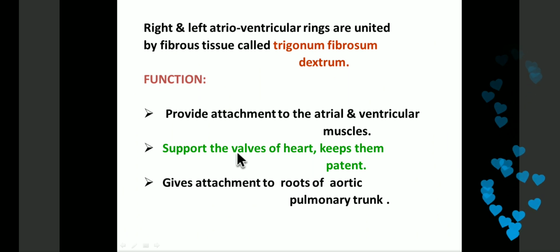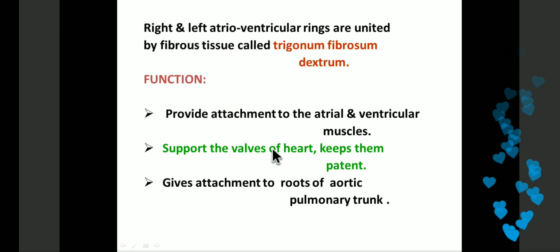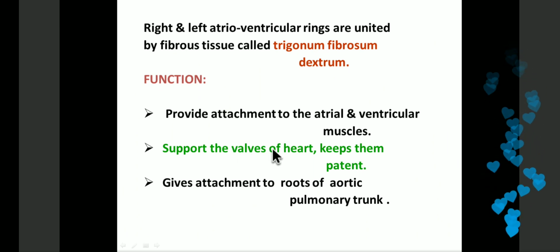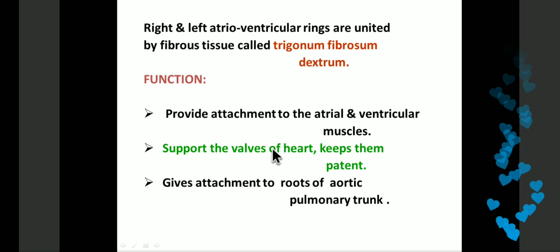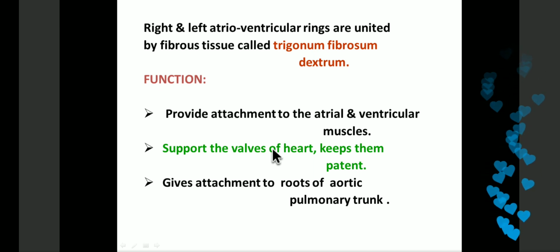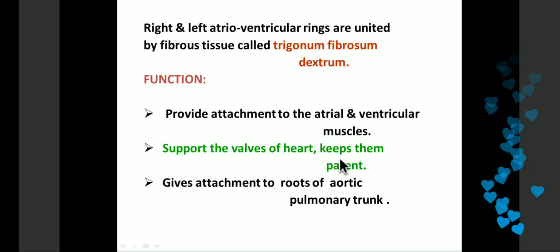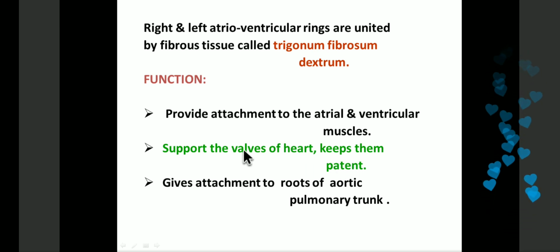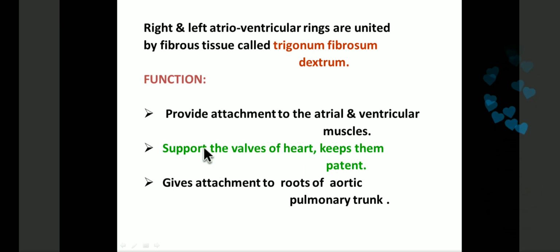They help in supporting the valves of the heart, whether the bicuspid valve, tricuspid valve, or the aortic and the pulmonary valves, and help in keeping them patent. They are supporting all around the boundaries like the ring of the valves.